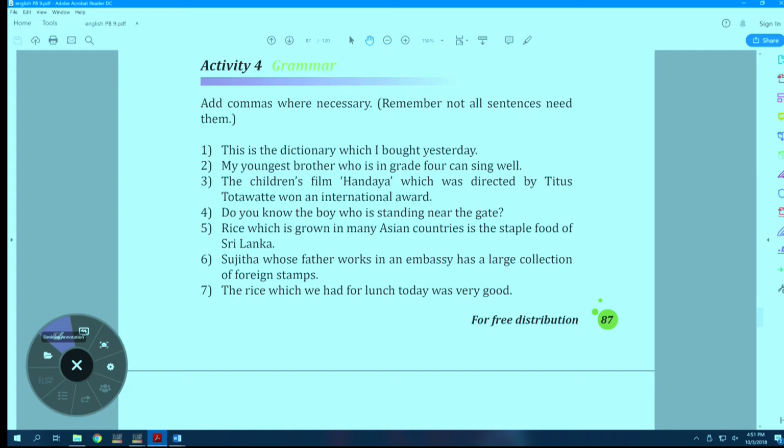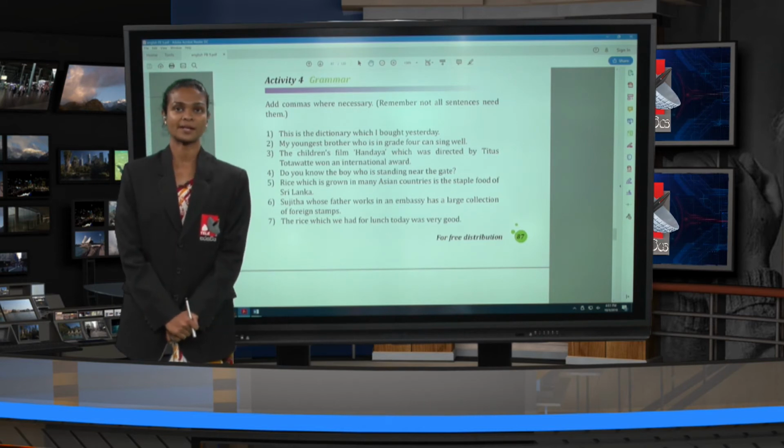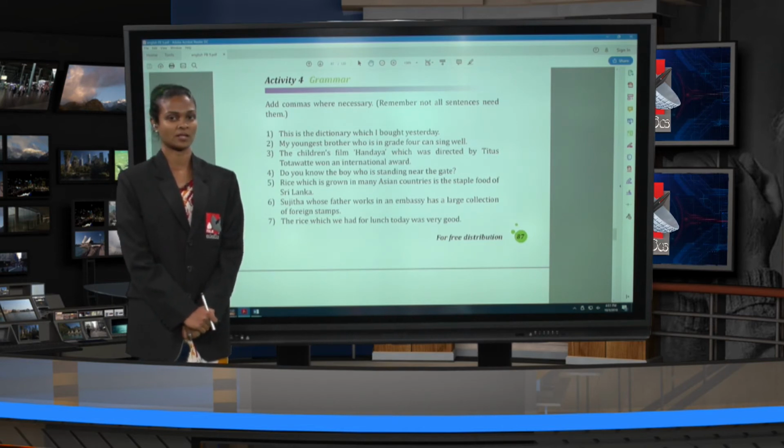Right, I think you have done. We will go through it one by one. The first one. This is the dictionary which I bought yesterday.